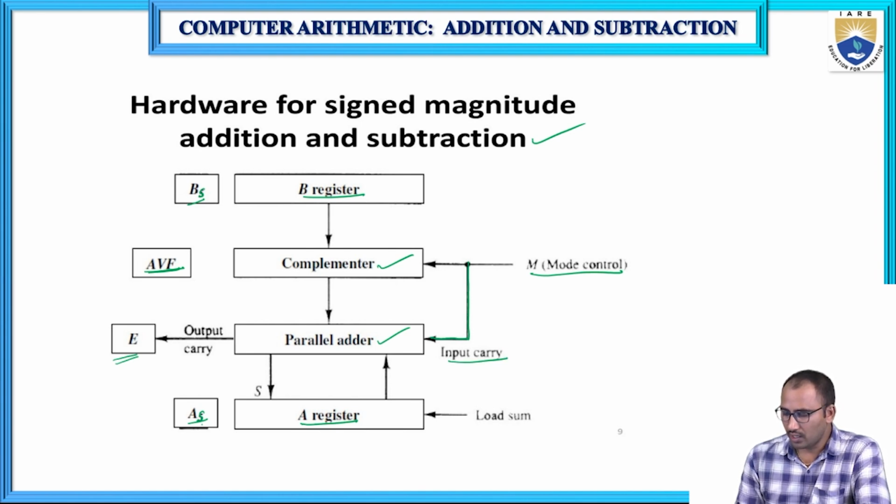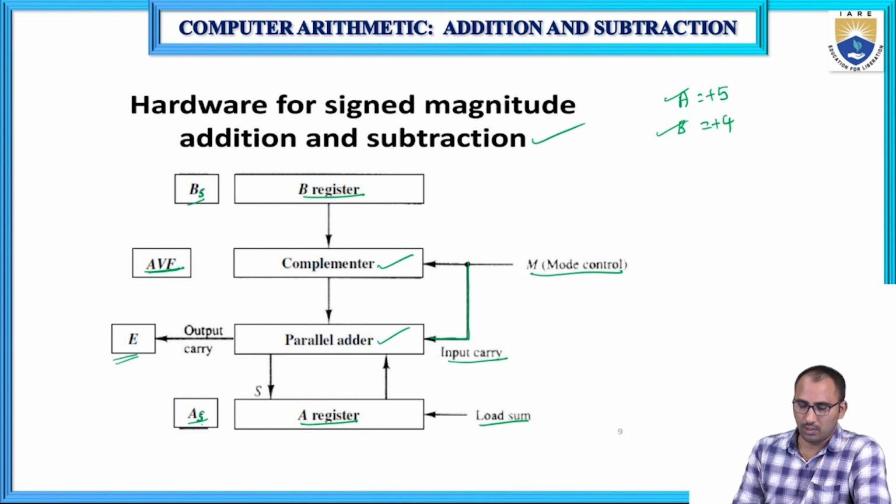And this is the load sum. Let's say A is equal to 5, B is equal to 4. These are the two different registers, A and B. Let us assume both numbers are positive, so in AS we will store 0, and here also 0.